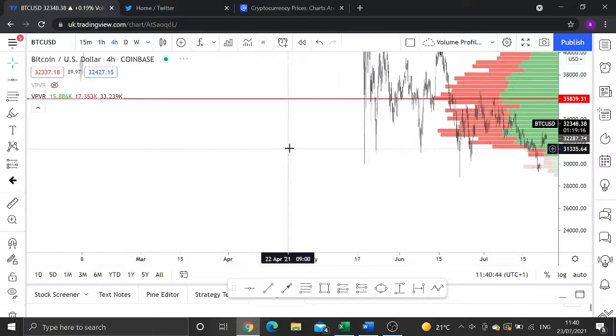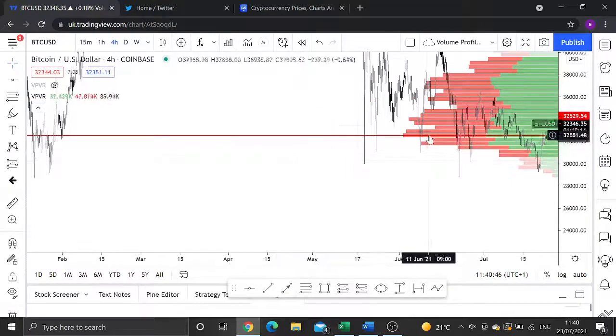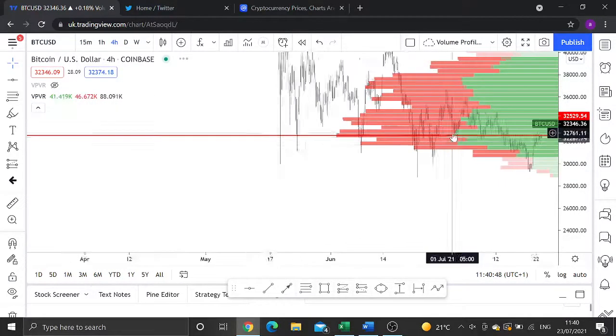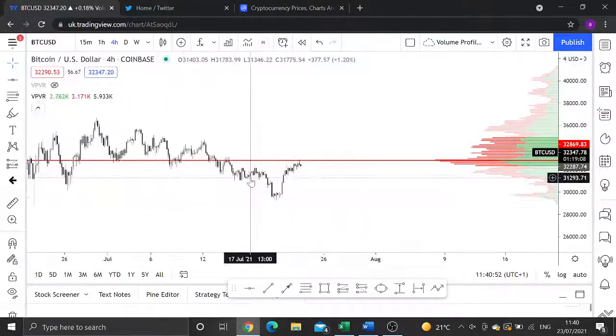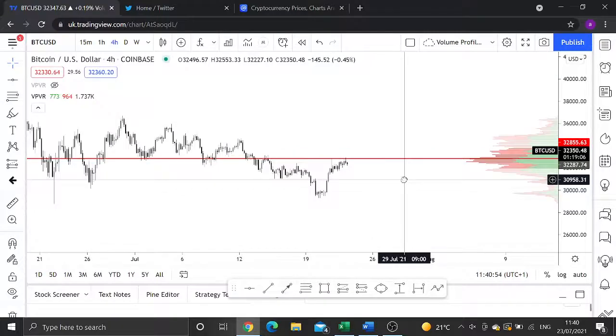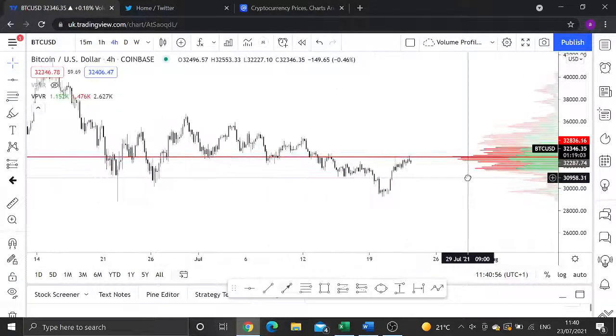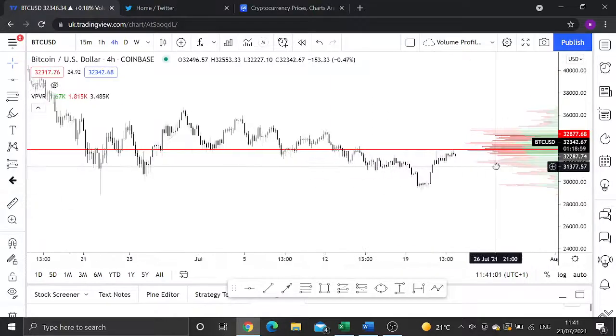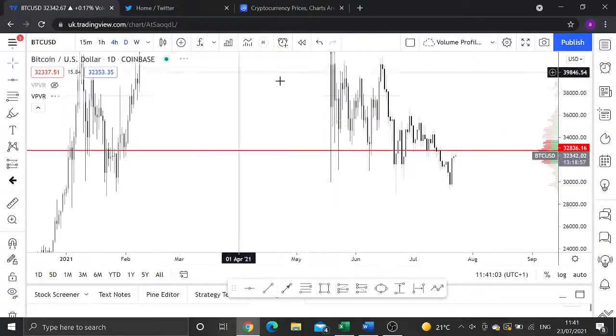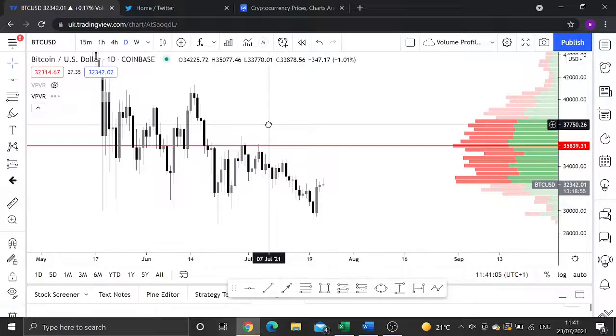See, the point of control goes up and down. It's best to use it when you're looking at a specific period. Say I want to look at, I don't know, from here, for example. You can do it on the daily as well.